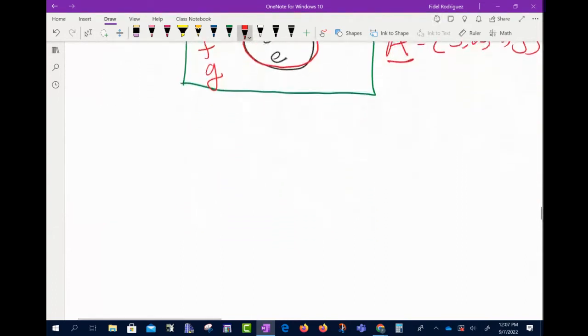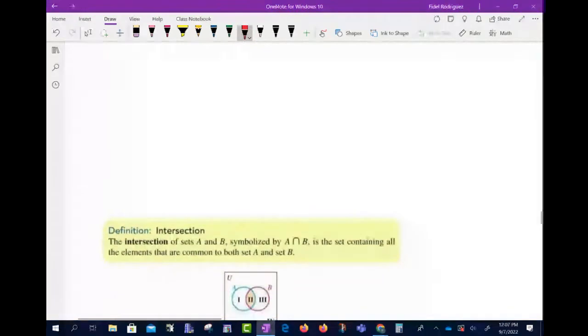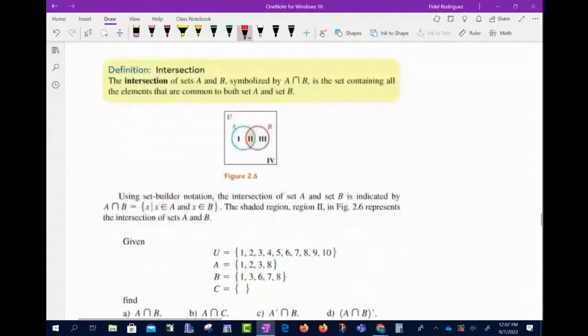Okay, so I'm going to keep scrolling along here, and we're going to talk about something called the intersection of sets. We talked before, y'all, about when sets overlap. When we have sets that overlap, this little symbol, like an upside down U, is what we call the intersection.